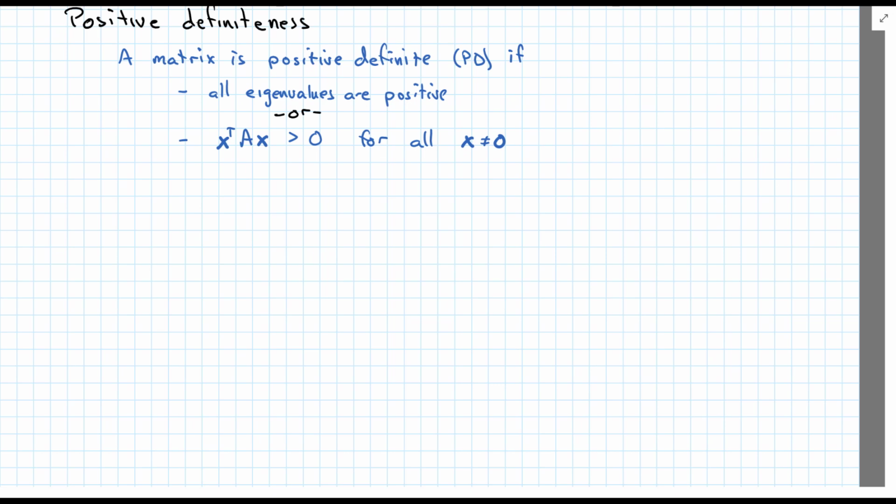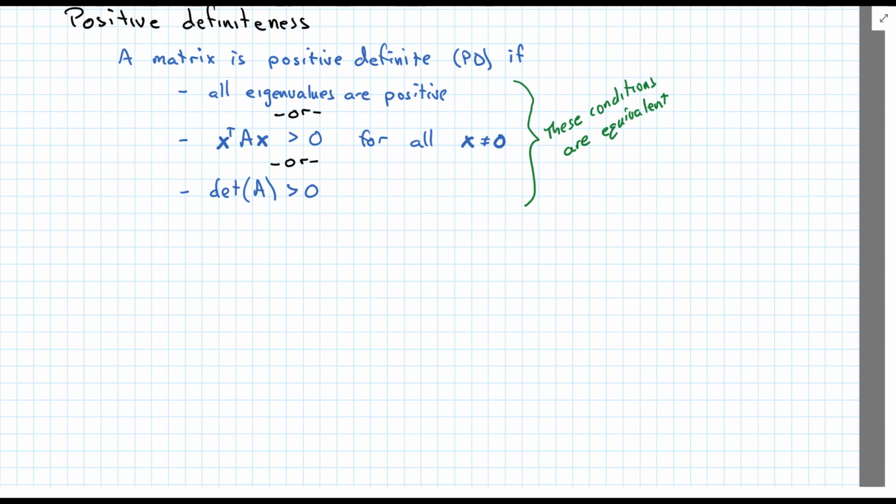There's an infinite number of them, so this might take some time, or maybe there are better ways about it, but for any x that's not 0, if x transpose Ax is greater than 0, or positive, then we have a positive definite matrix. Finally, we could just find the determinant of the matrix, and if it's greater than 0, then we have a positive definite matrix. So we should note that these conditions are equivalent. If any of these conditions hold, all of them hold, and we have a positive definite matrix.